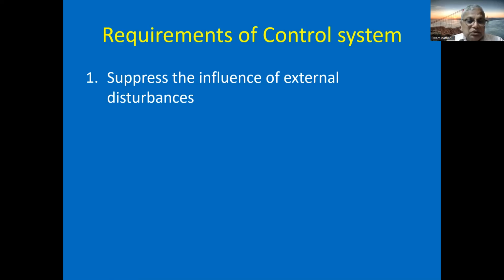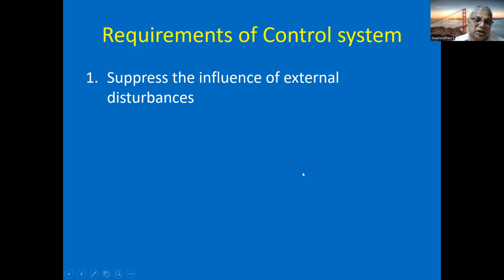These disturbances are going to have an adverse effect on our objective. So the control system should be able to compensate for these external disturbances and bring the output variable, the liquid outlet temperature, back to our desired value of 70 degrees. So the control system should be able to suppress the influence of external disturbances.